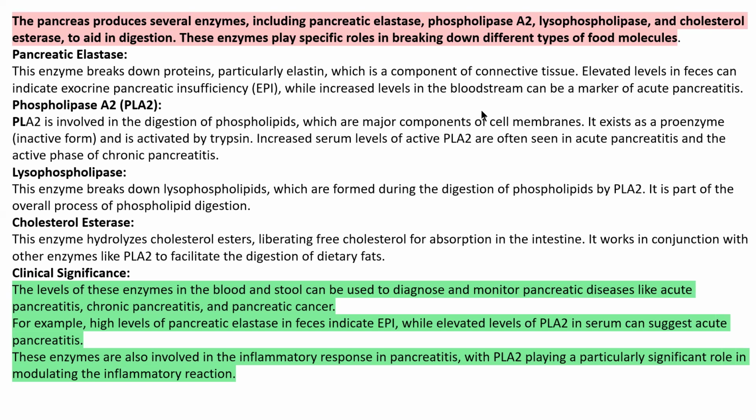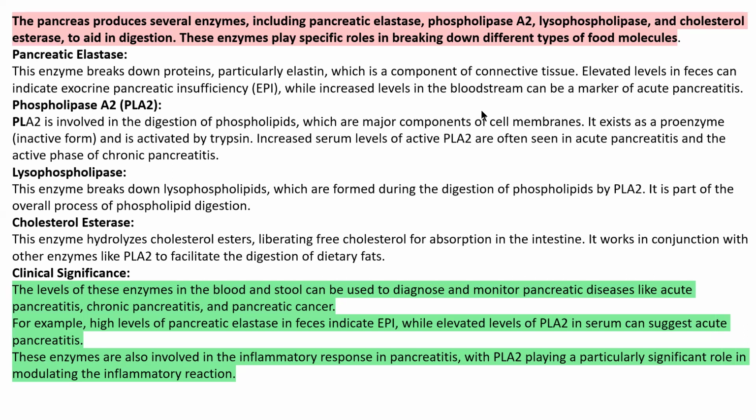Next enzyme is cholesterol esterase. It hydrolyzes cholesterol ester with the help of water, helping in releasing free cholesterol in the intestine, which can be absorbed through your blood vessels and lymph. So it helps in releasing free cholesterol in the intestines, and afterward absorption takes place.